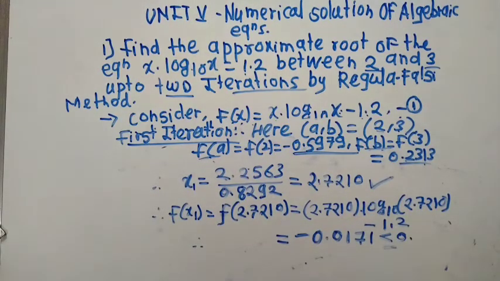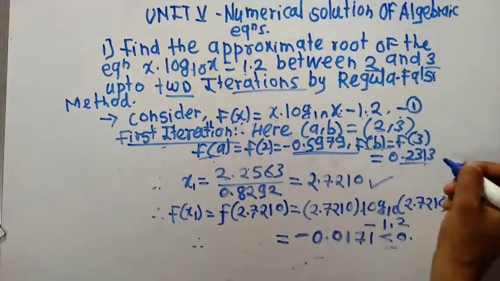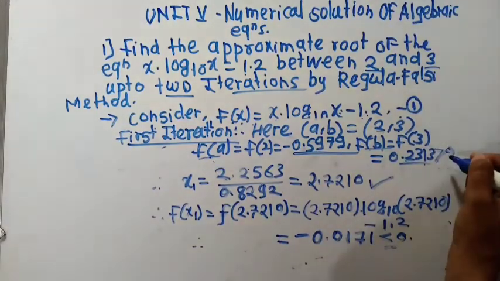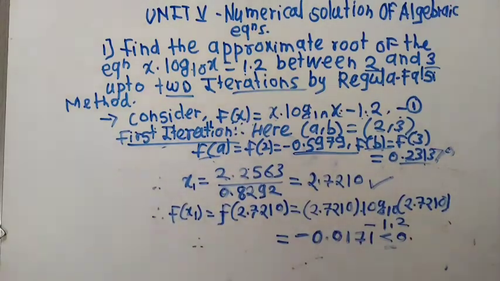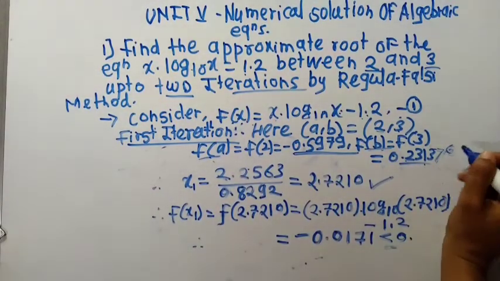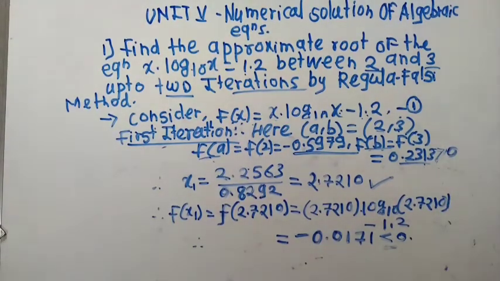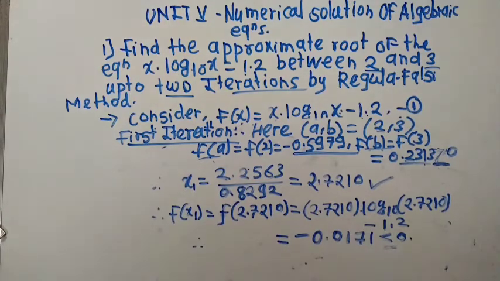So here we choose 2 and 3, where f of b is greater than 0. It is less than 0 and greater than 0, so they have opposite sign.